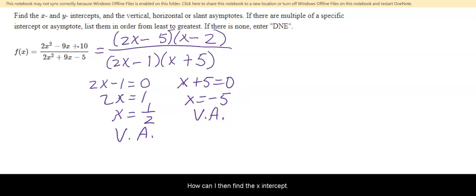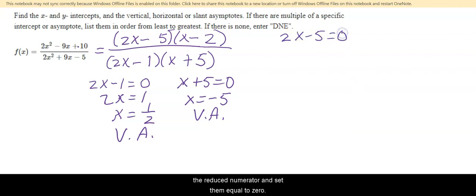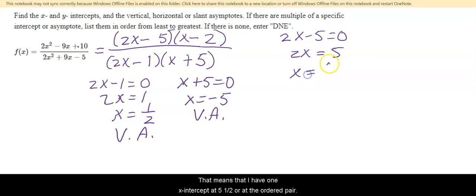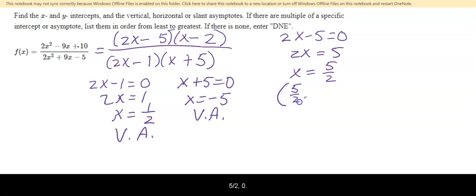How can I then find the x-intercepts? Take the reduced fraction, take each of the factors from the reduced numerator, and set them equal to 0. Solve for their solutions. That means that I have one x-intercept at 5/2, or at the ordered pair 5/2, 0.